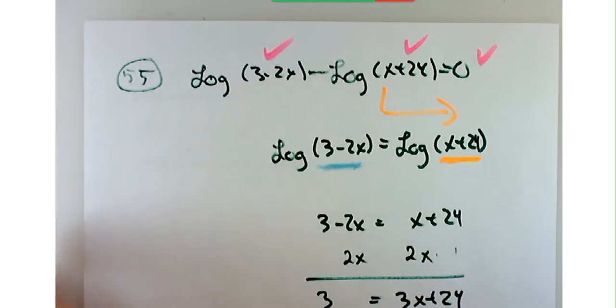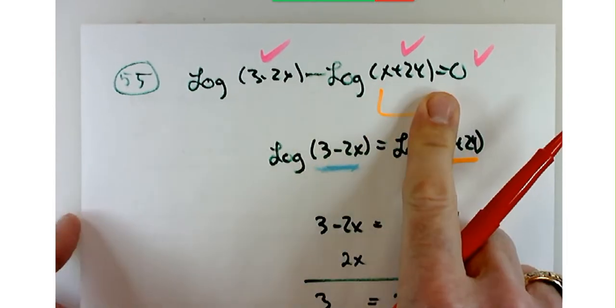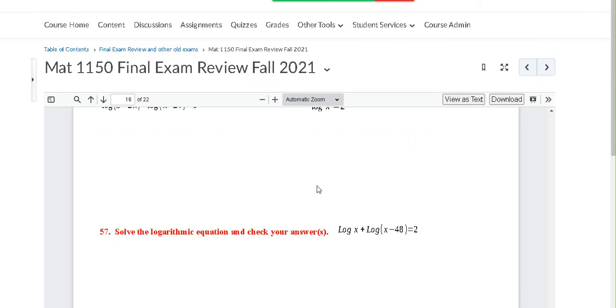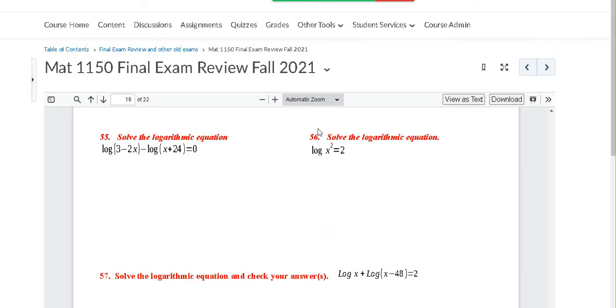Okay, nice one. So that's one way you can solve logarithmic equations. But it doesn't always work out that way for us. So let's take a look at problem 56. A little different spin on this kind of stuff.